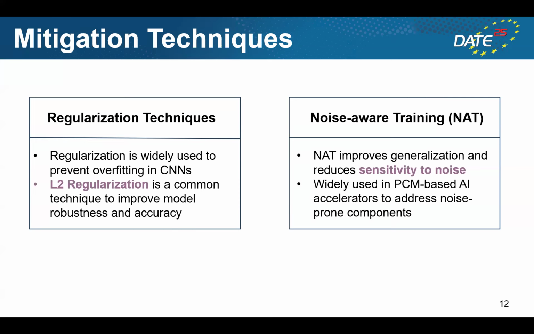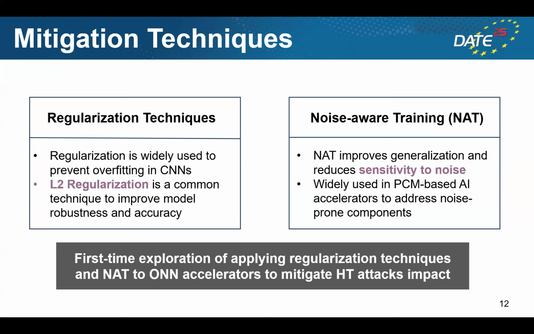It is a method that's already used in PCM-based AI accelerators to address noise-prone components, which are usually there in PCM-based accelerators. In general, SafeLight presents a first-time exploration of applying such regularization techniques to try and prevent the hardware Trojan attacks' impact.